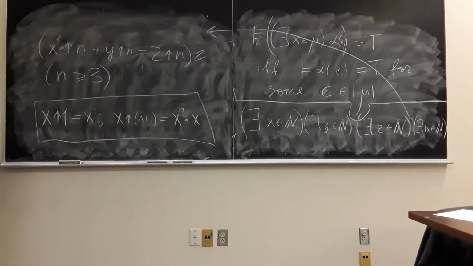So what does it mean? There exist positive integers x, y, z, and n such that x to the power of n plus y to the power of n equals z to the power of n.